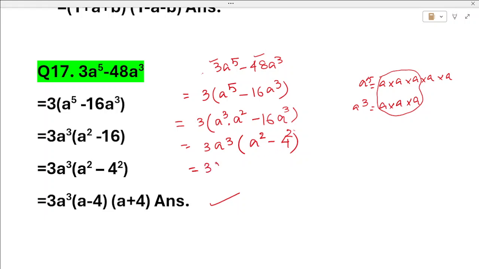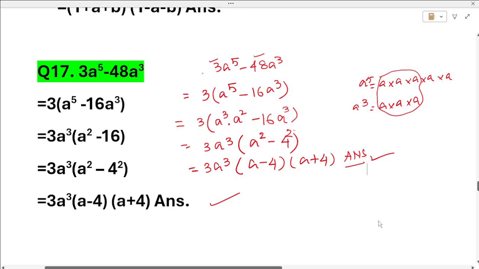So 3a cube, a minus 4 and a plus 4. So this is your answer. So better you put in a square term, otherwise there is a possibility of mistake, and when you practice it will become easier for you.